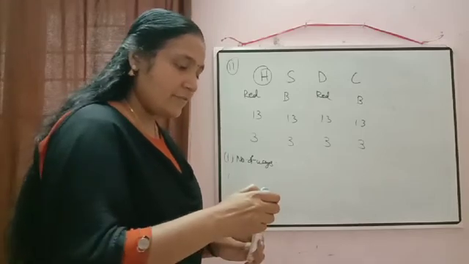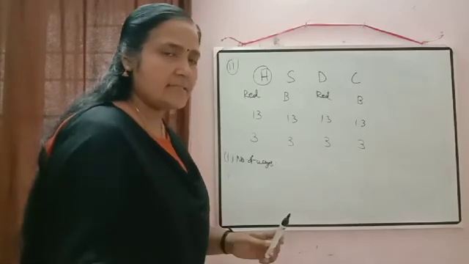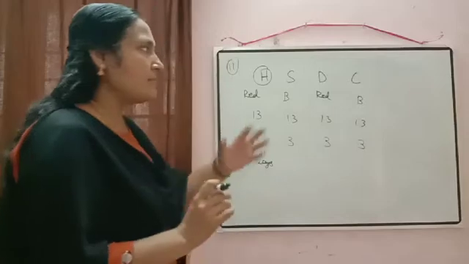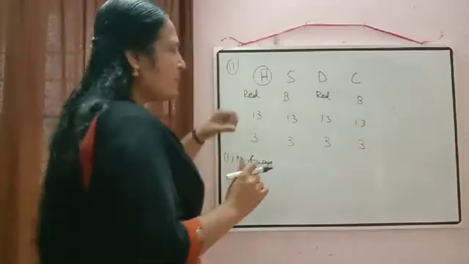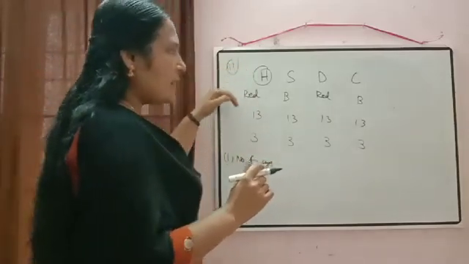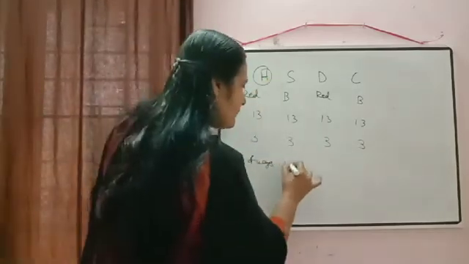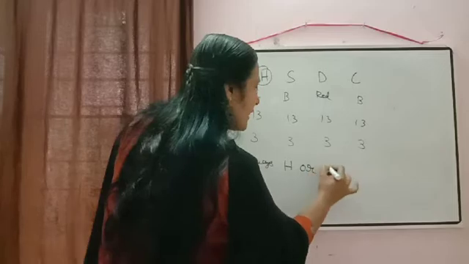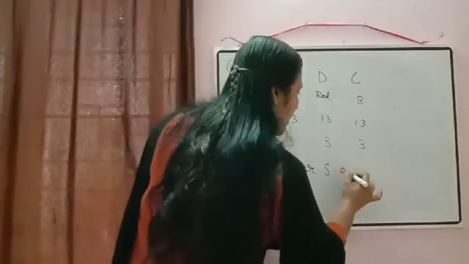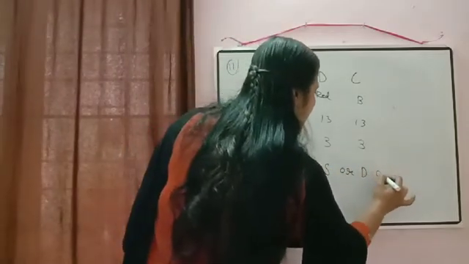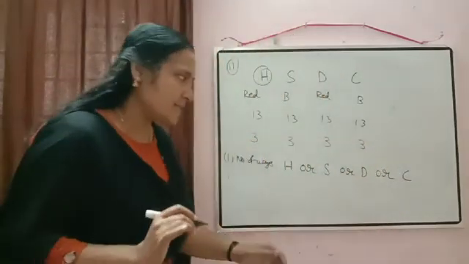The condition is that we need cards from the same suit only. Means either I want all the cards from heart, or from spade, or from diamond, or from club. So this is the condition.